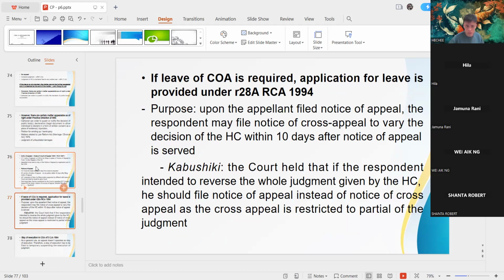Okay, sorry everyone, I think I have missed out how to apply for the leave of court of appeal. So maybe I will pull it out and then I will share the link.